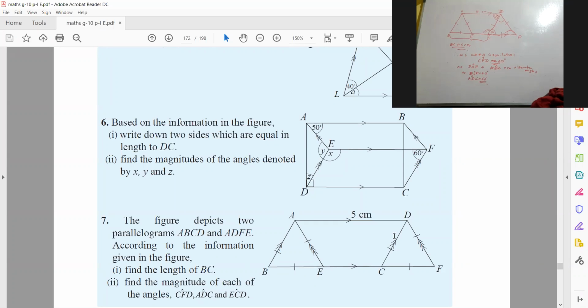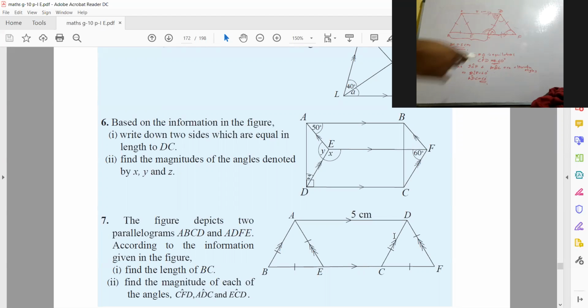Then the angle ECD. You can do this in many methods. You can use the aligned angles here, or you can just use the angles on a straight line. You know this angle and then this angle on a straight line is equal to 180 degrees.